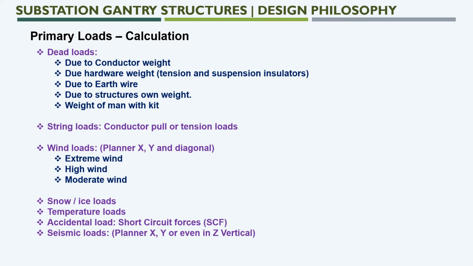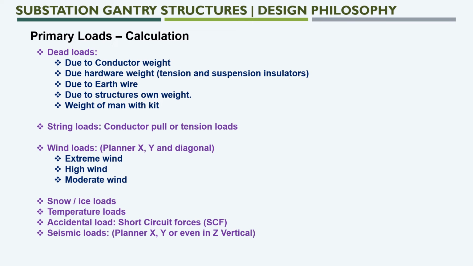It may also act in diagonal, so we have to calculate accordingly. For that we need to apply the cos or sin theta formula on the planar wind in x and y. So by that way also we can calculate the diagonal wind force or pressure. And even in the wind load, based upon the combination of ice or snow, it is categorized as extreme wind, high wind and moderate wind.